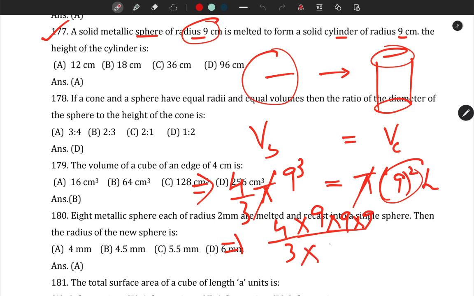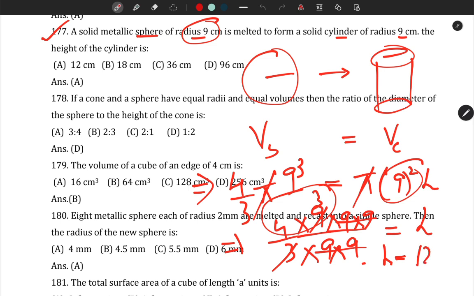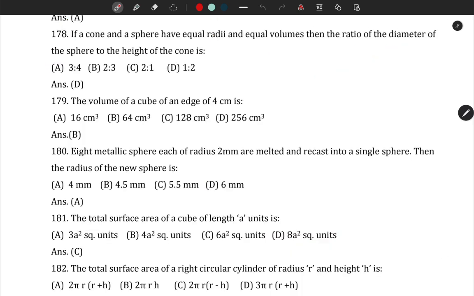If you bring it to the left hand side, it will come to the denominator, so 9 into 9, we're left with h. So these two 9s we can cancel, 3 1s are 3, 3 3s are 9. So h we are getting equal to 4 into 3, 12. So the answer is 12 centimeter.